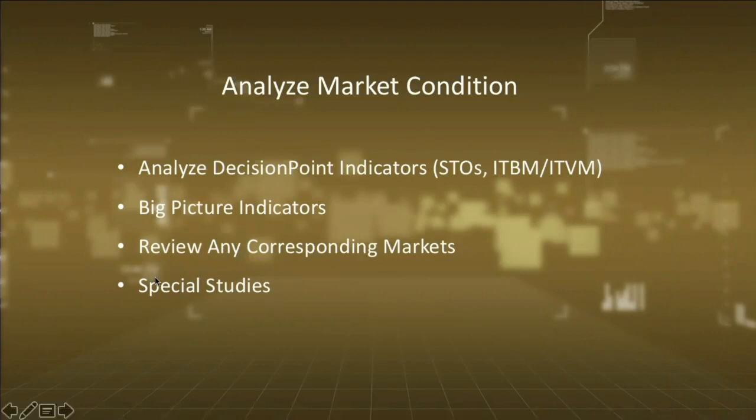And then special studies is a way to analyze market condition. If you have watched Market Watchers Live on Fridays, you know that I do a sentiment update, and I would consider that a special study to see what else is going on in the market. So if you want to go off to the side, a lot of these indicators are also included in these chart packs.